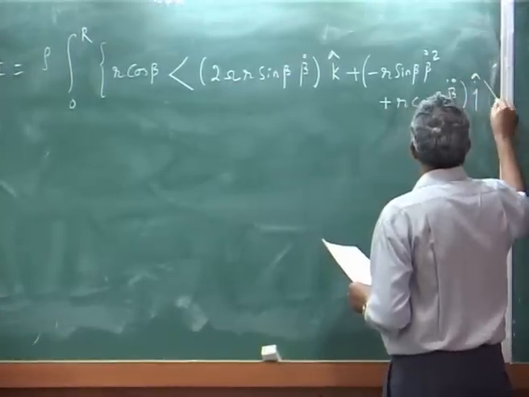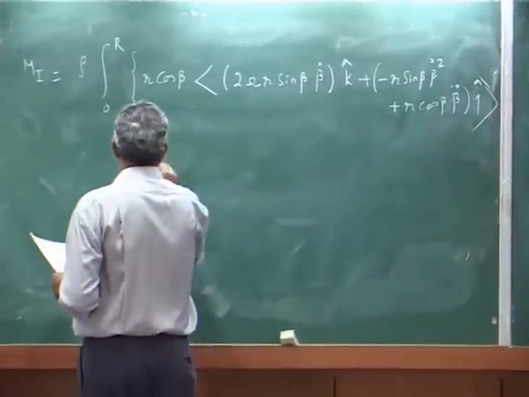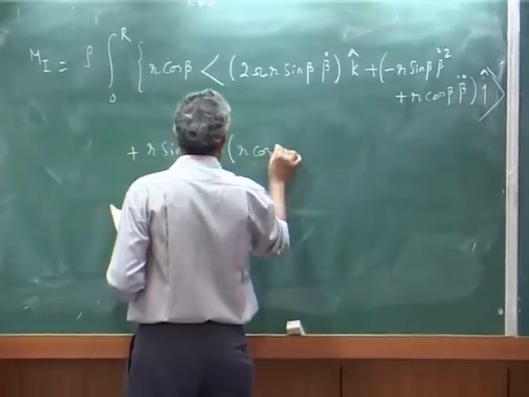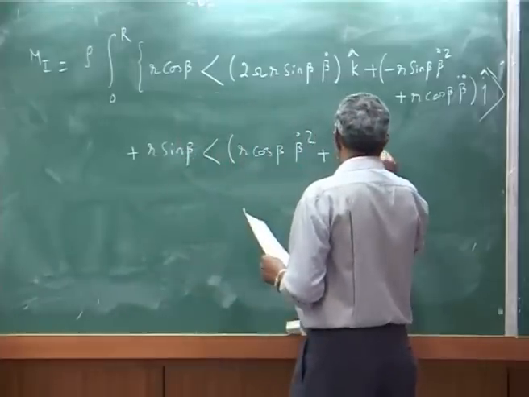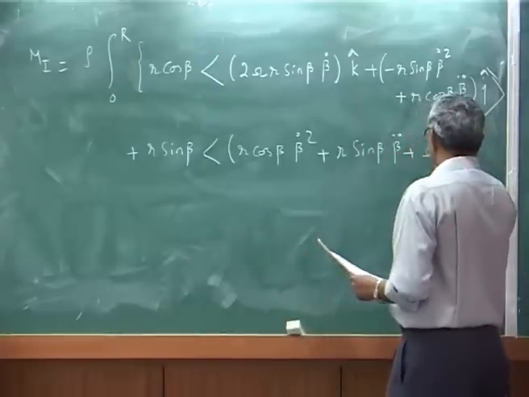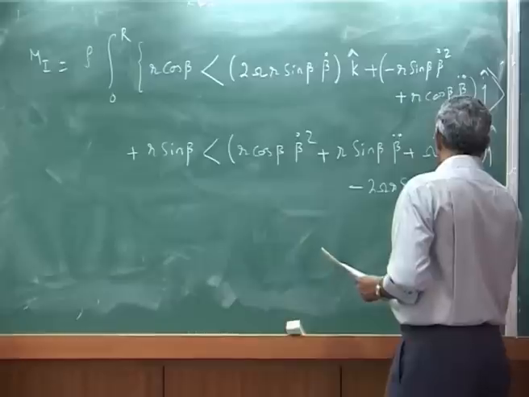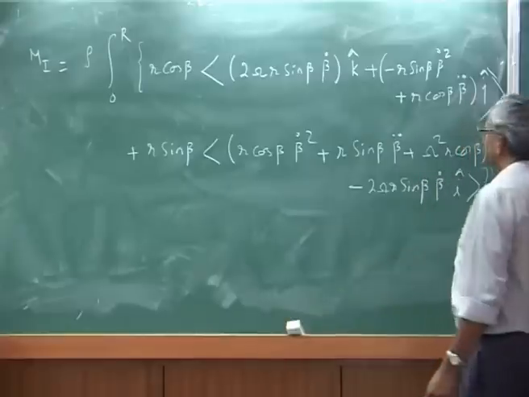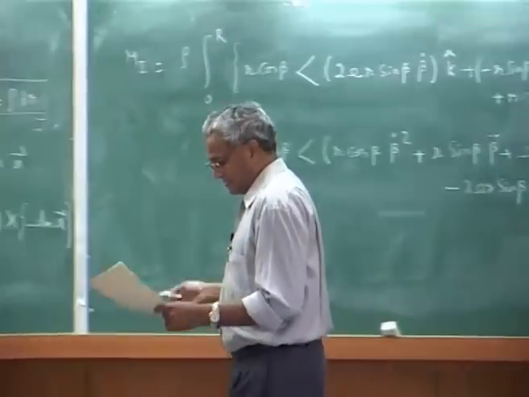Please check this algebra. Plus r sine beta times r sine beta beta double dot plus omega square r beta beta dot i, dr. This is the full expression. You have all the i, j, k components.